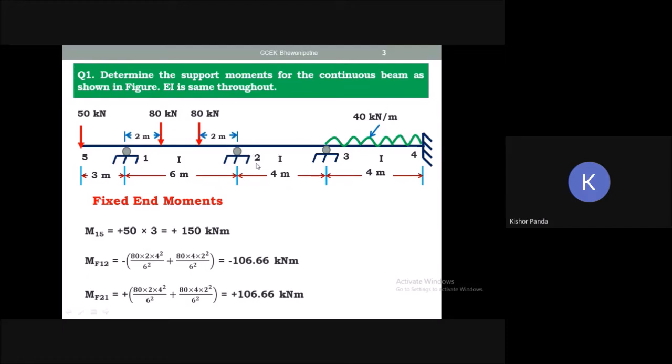You know how to find the distribution factor: the relative stiffness of the member divided by the relative stiffness of the joint. So R21 is K21 by K2, R23 is K23 by K2, then R32 is K32 by K3, then R34 is K34 by K3. And for R43, this is fixed, so the distribution factor is equal to 0.